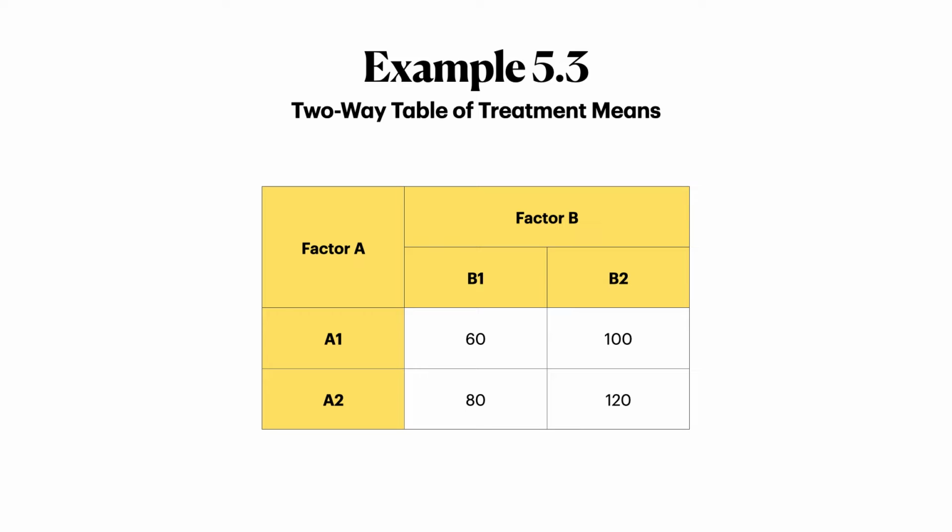The mean of the treatment combination A1B2, denoted by μ12, is equal to 100. The mean of the treatment combination A2B1, denoted by μ21, is equal to 80. And finally, the mean of the treatment combination A2B2, denoted by μ22, is equal to 120.